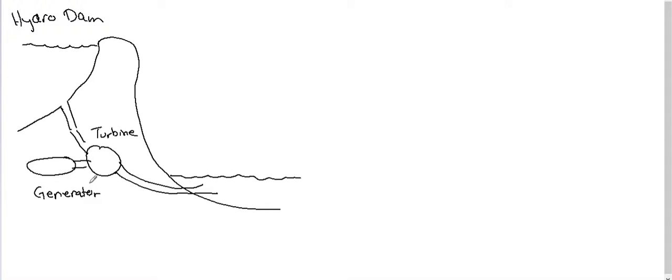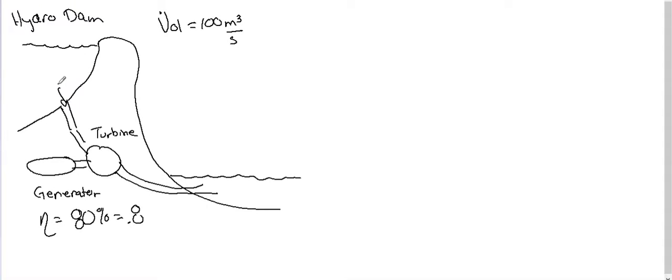And we're told that the efficiency of the turbine generator system is only 80%, which makes sense. It's not 100% efficient, so it's going to be equal to 0.8. Okay. Now we're also told that as the water is coming through here, it has a volume flow rate of 100 cubic meters per second.